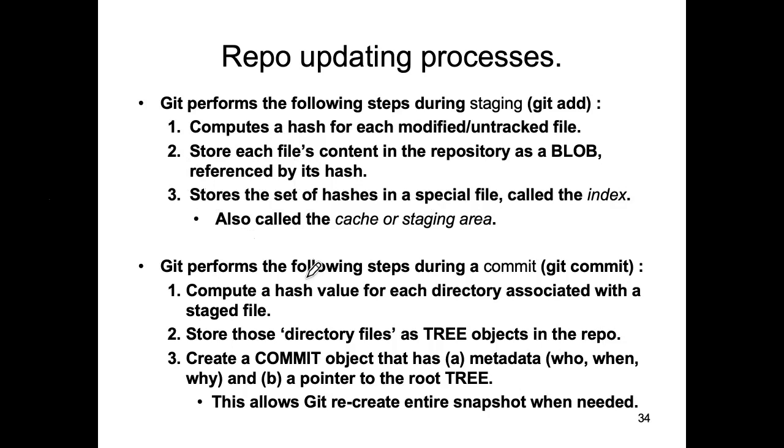So it computes a hash value for what are now going to be 3 objects, stores those directories as 3 objects in the objects folder, but stores them under the name of the hash value that it has computed. And finally, it creates a commit object and stores that in the objects folder as well, and computes a hash value for that. That's a bit long-winded, but that's what's going on in English, if you like.